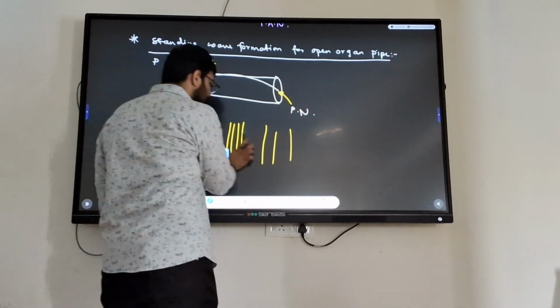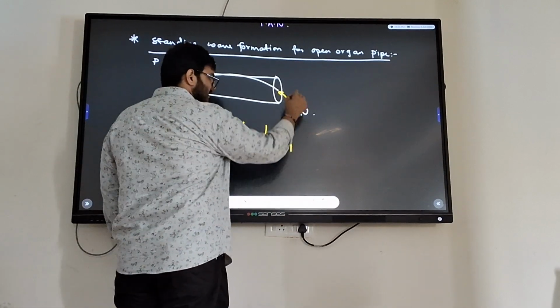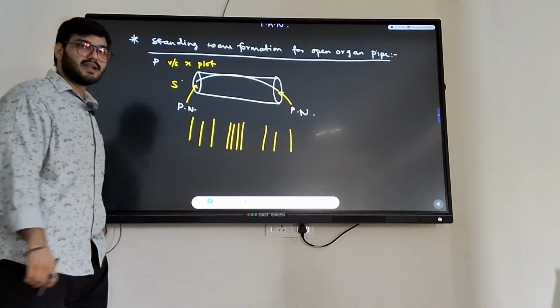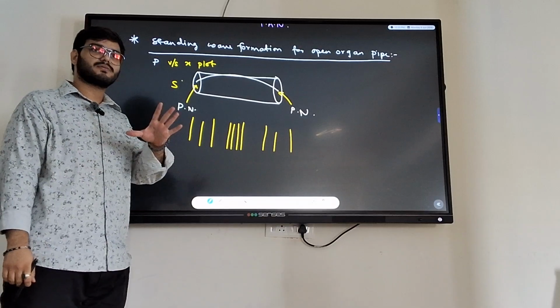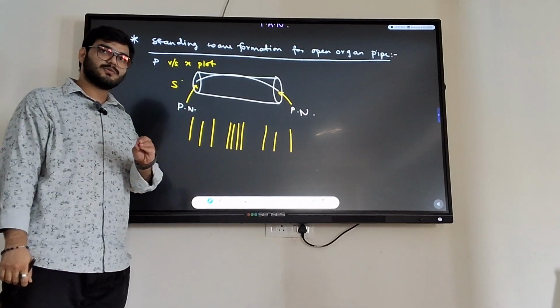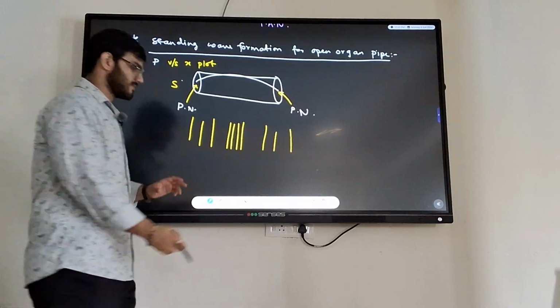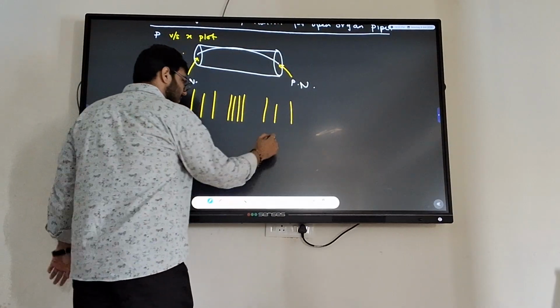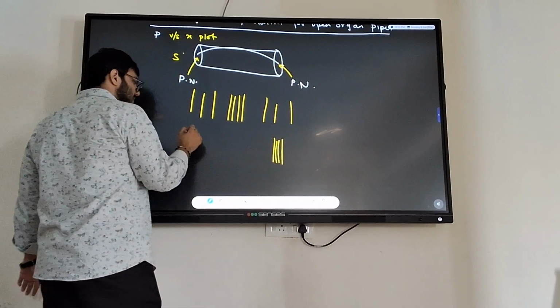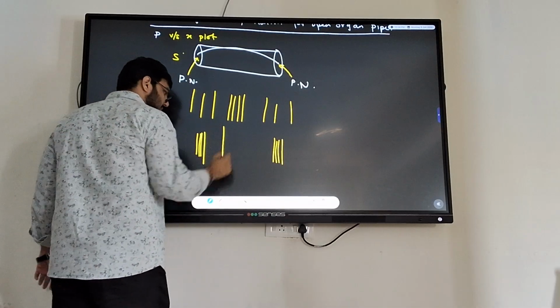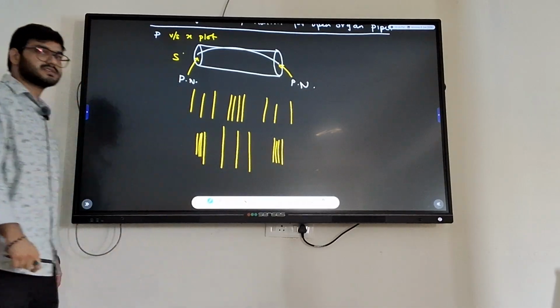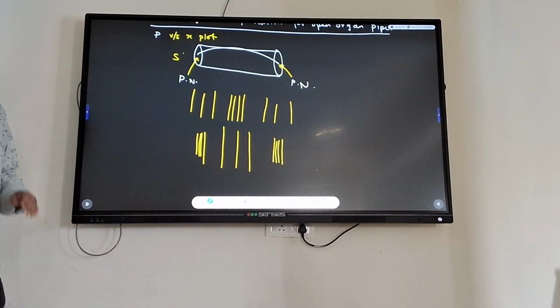The outside air rushes inside, and it creates the pressure to be more. When it creates the pressure to be more, this rarefaction gets transformed into compression. So what will this become then? Compression will become, and in the middle this will become rarefaction.